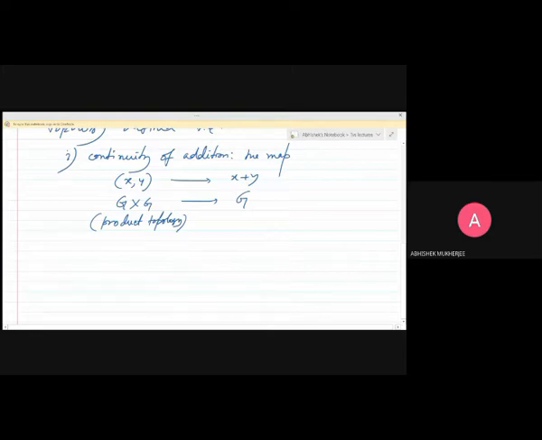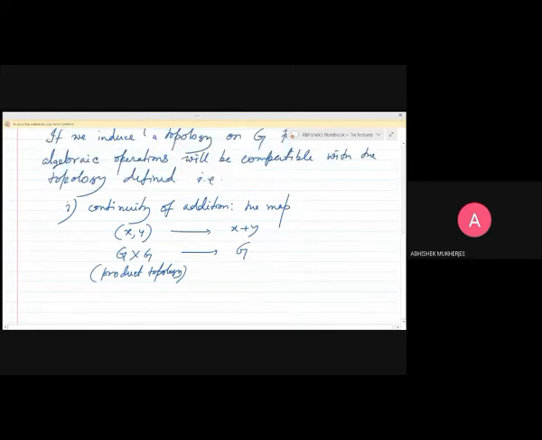So this map will be continuous with respect to the topology defined on G.